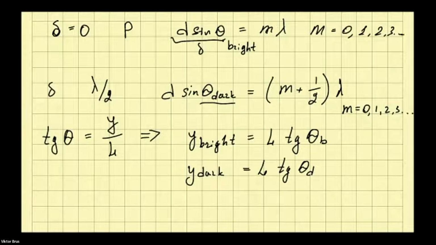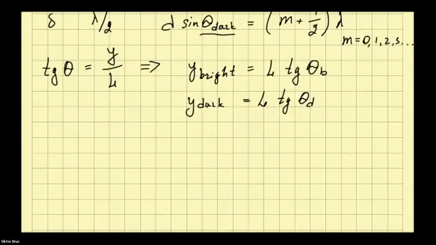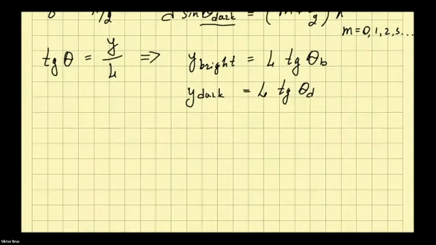Now, if we consider small angles, in that case, there is not a big difference between tangent theta and sine theta. So we can assume at quite a high level of accuracy that tangent theta is approximately equal to sine theta.